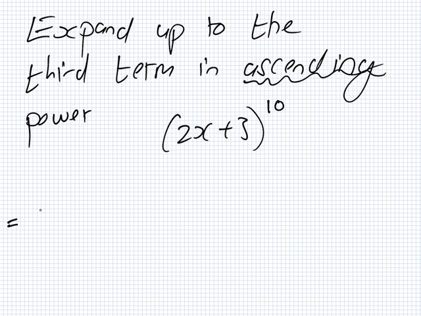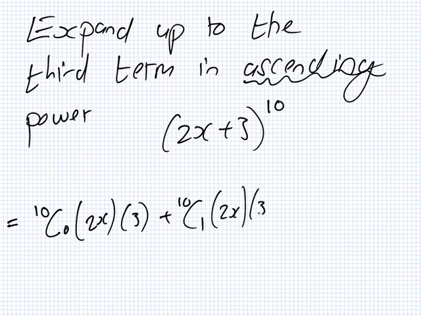The first term will be 10C0, 2x, 3, and then the next one is 10C1, 2x, 3, and then 10C2, 2x, 3, and I don't want anything else. I just want those 3.